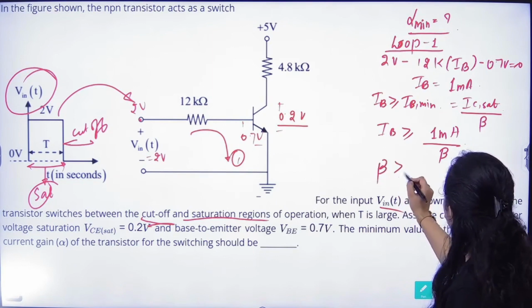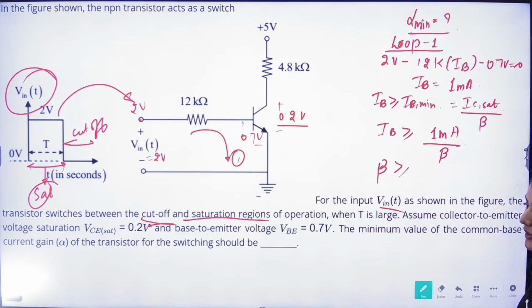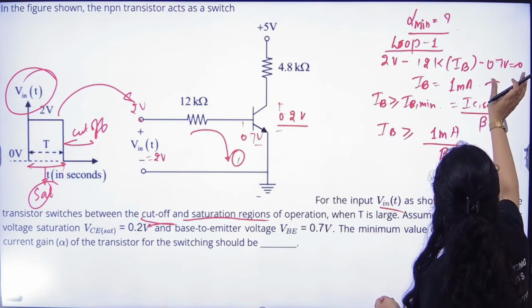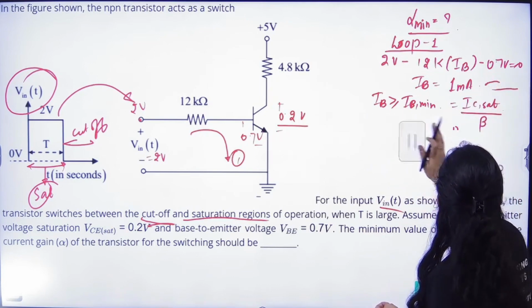So beta value should be greater than or equal to 1 by, sorry, this IB value is incorrect.